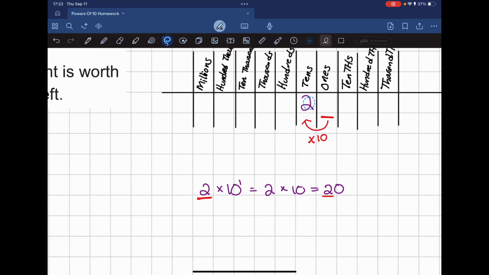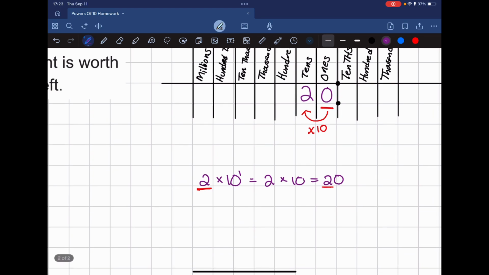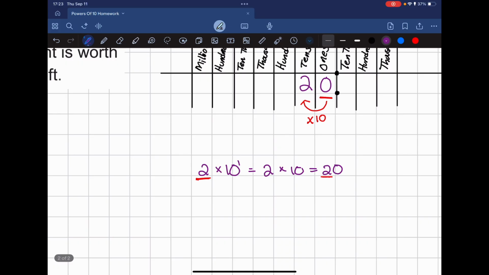Okay? Now we all know that you can't have a place value. Let me put my decimal point here. You can't have a tens place value with no placeholder. So that placeholder then becomes a 0. Okay?